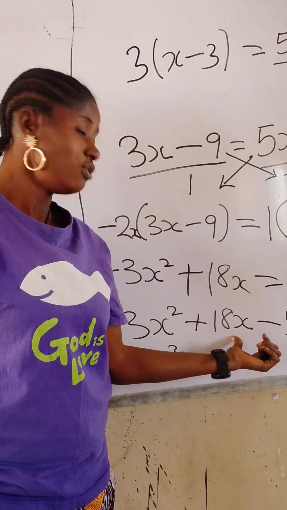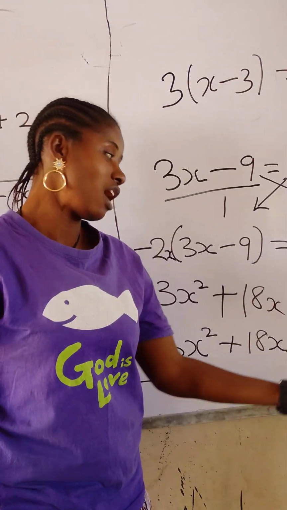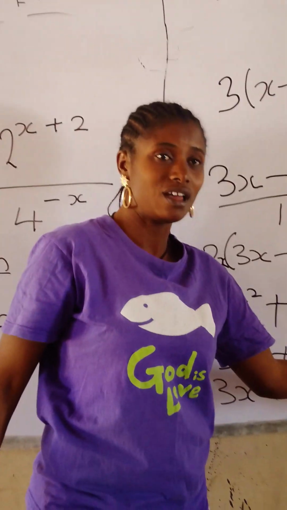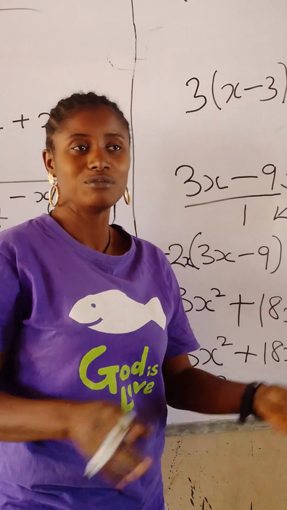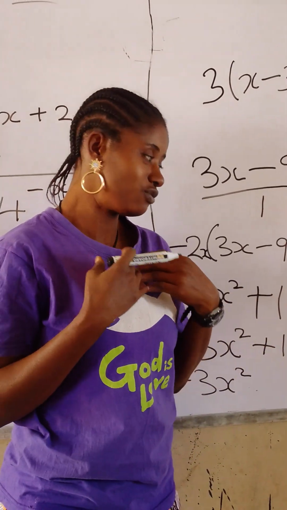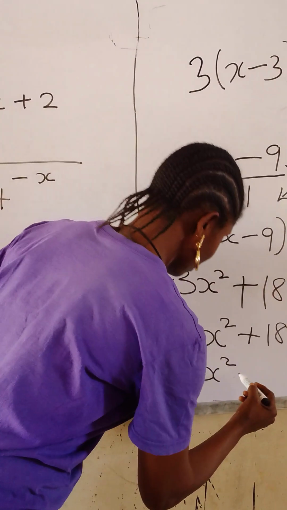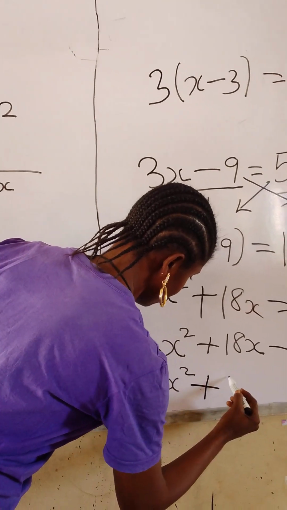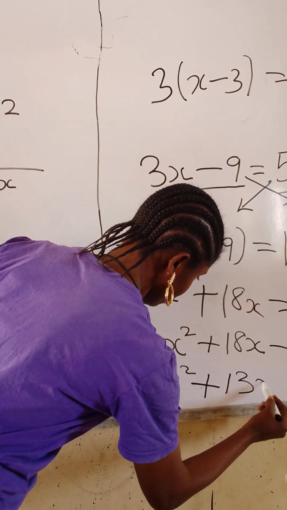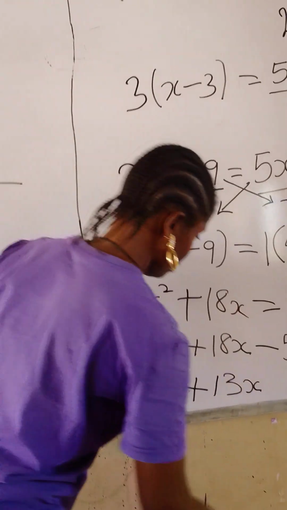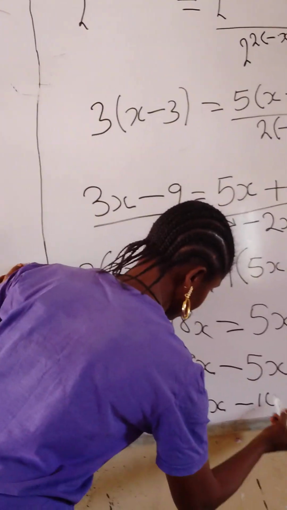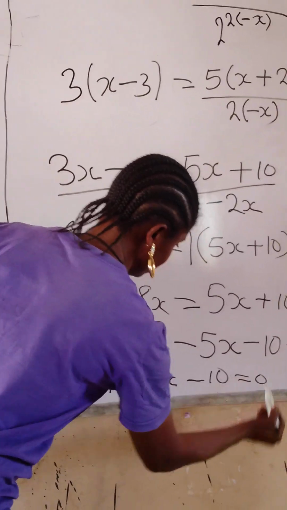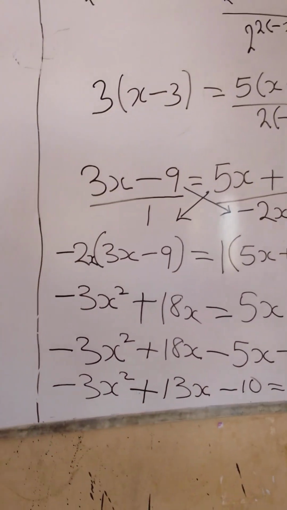It's just as if you have 18 naira and you are owing somebody 5 naira. If you remove 5 from the 18, you are left with 13 naira. Plus 13x minus 10 is equal to 0. This is your final answer.